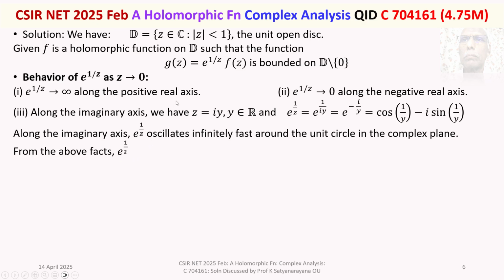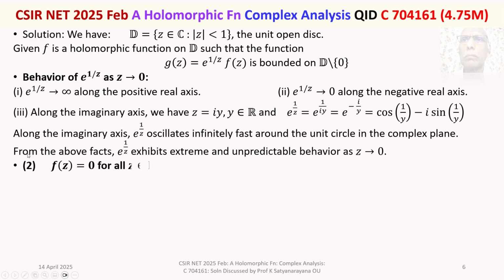So from the above facts, e to the power of 1 by z exhibits extreme and unpredictable behavior as z approaches 0. This is what you have to understand.